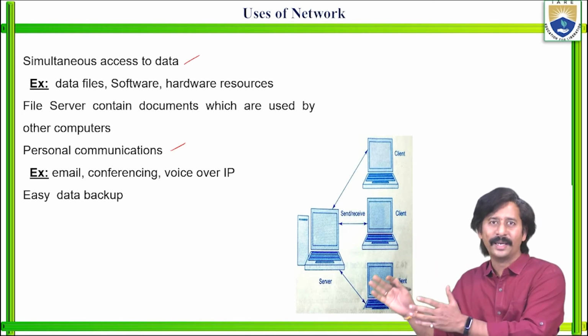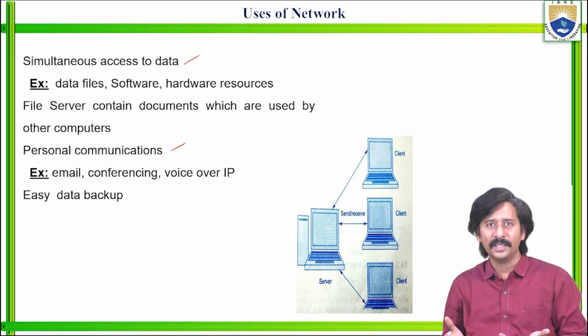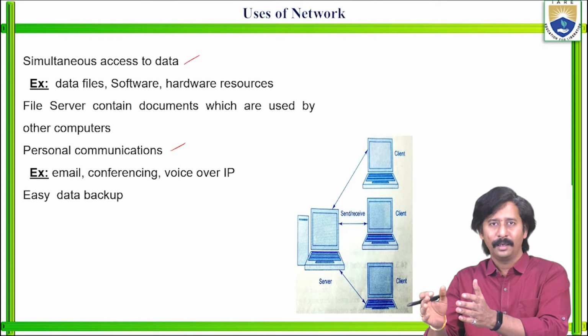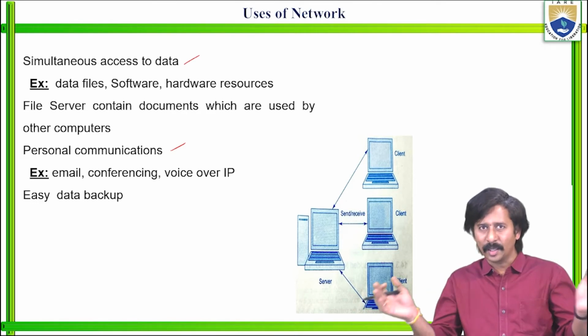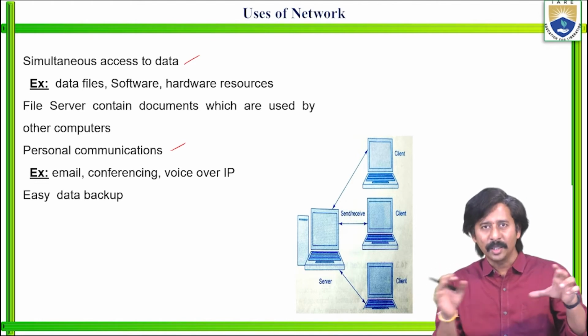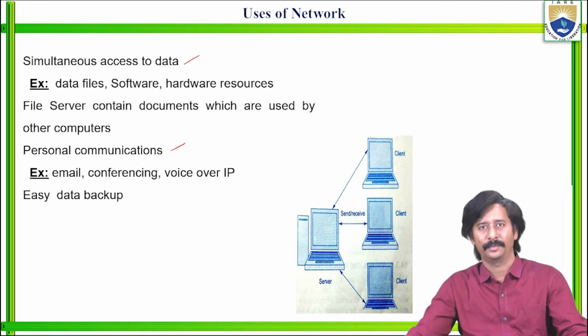The data is somewhere else, and we need to access it. How is it possible? The server which holds the data and the various nodes which access that data communicate through a network.